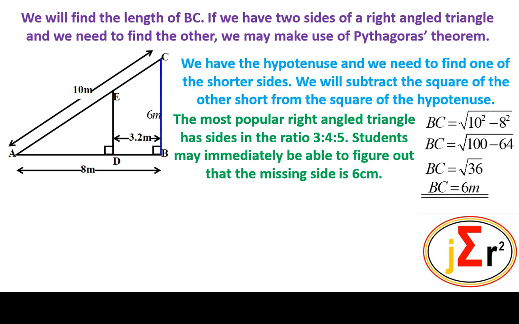Students are familiar with this very popular right-angled triangle, the 3, 4, 5, and they can see that the ratio of the sides is 3 to 4 to 5. Then they can figure out the length of BC immediately. We are about to make a little demonstration as to how the student may be able to do that.